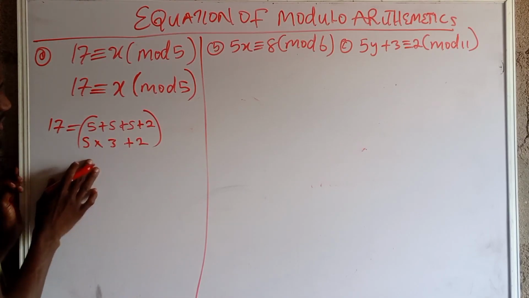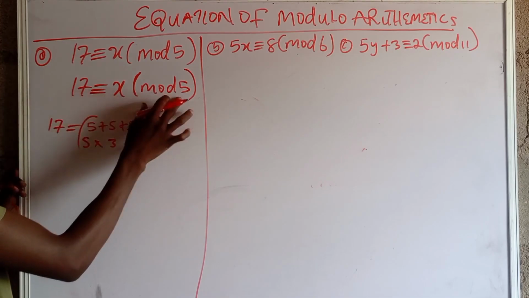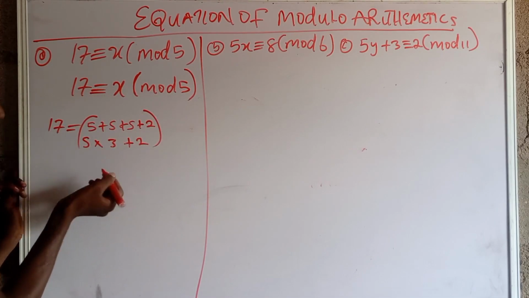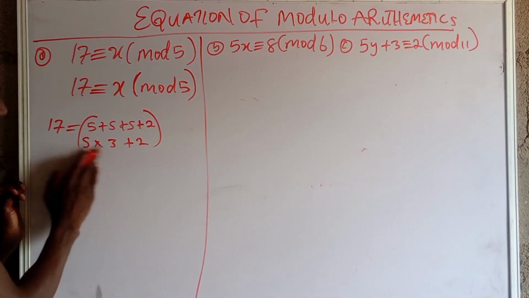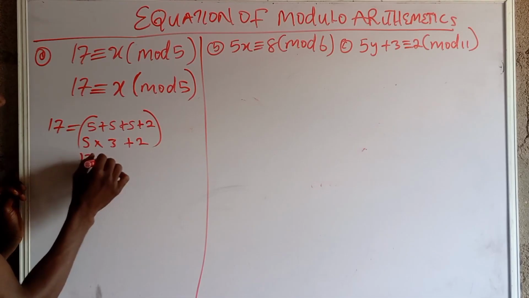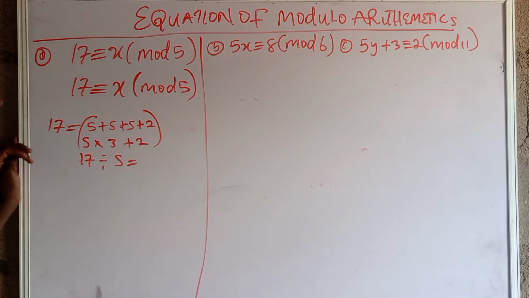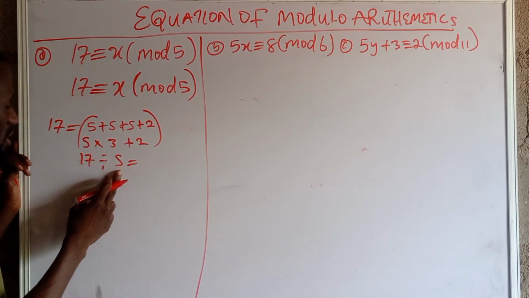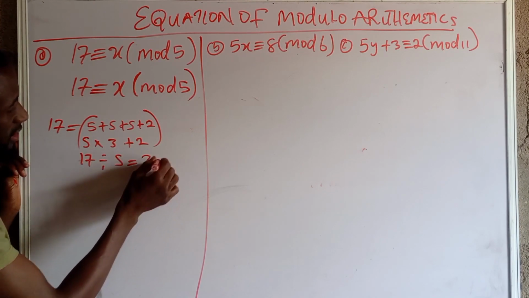Any one we write here can suit the problem. You can also use the division method: 17 divided by 5 gives 3 remainder 2.